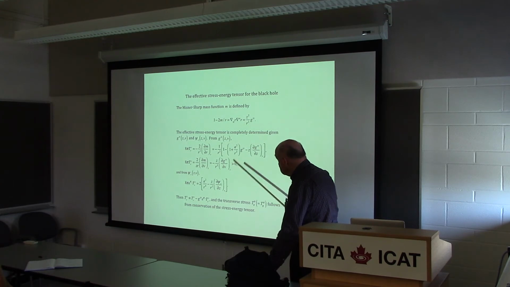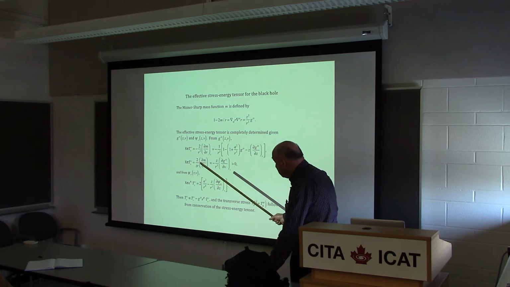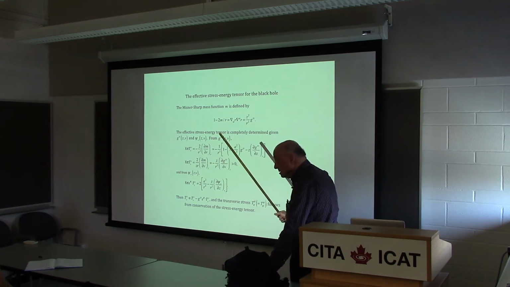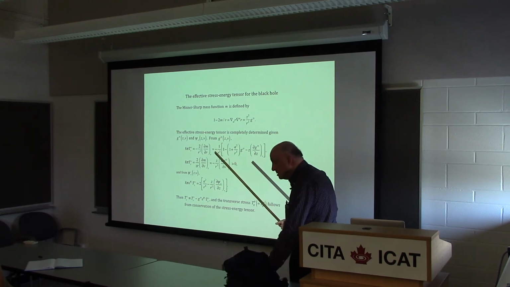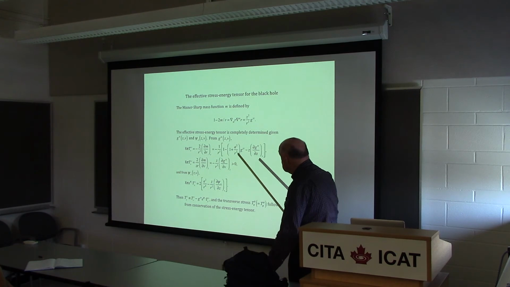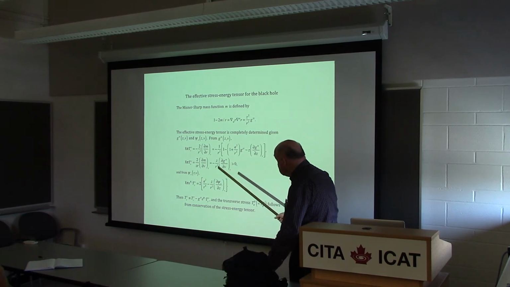If you have an ingoing flow of negative energy, it has a positive energy flux associated with it, because you have negative energy density and radial stress, but a positive energy flux. And so T_VV is positive, as you expect in the black hole, and goes to 0 at the transition.